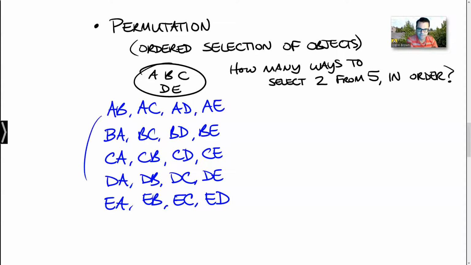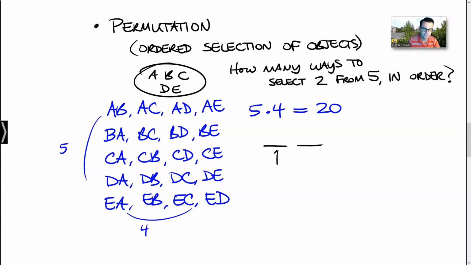Notice that's 5 columns times 4 rows. Why does this work? It's the multiplication principle. Think of filling in 2 blanks. There's 2 tasks. The first task is how do you fill in the first blank? The second task is how do you fill in the second one?